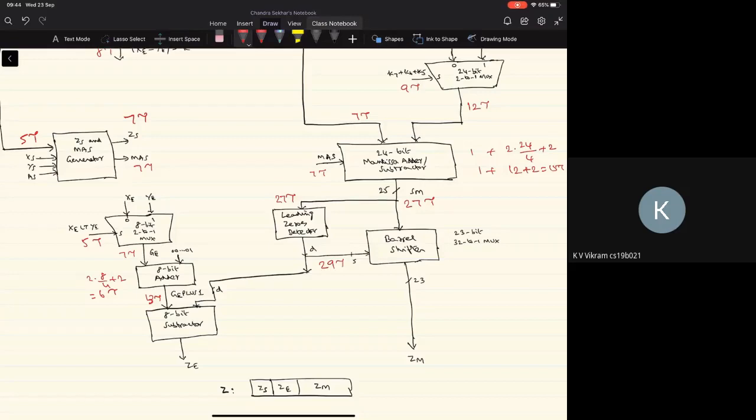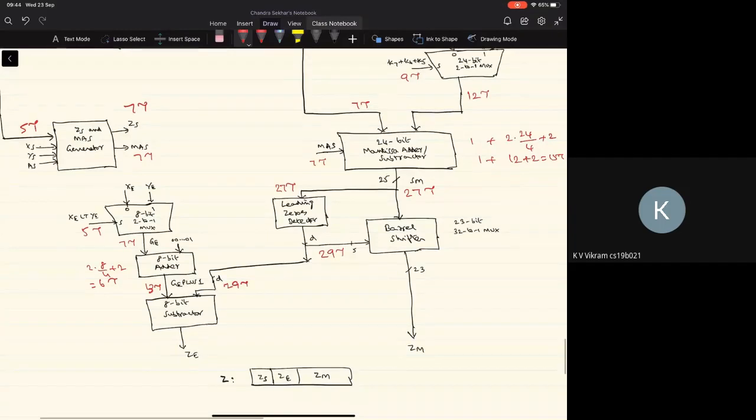So we see that the D is available at 29 tau here. Again, we have an 8-bit subtractor using the 4-bit CLAs, which again has a delay of 6 tau. So now the ZD is available at 35 tau, and this barrel shifter is again 2 tau, so this will be available at 31 tau.